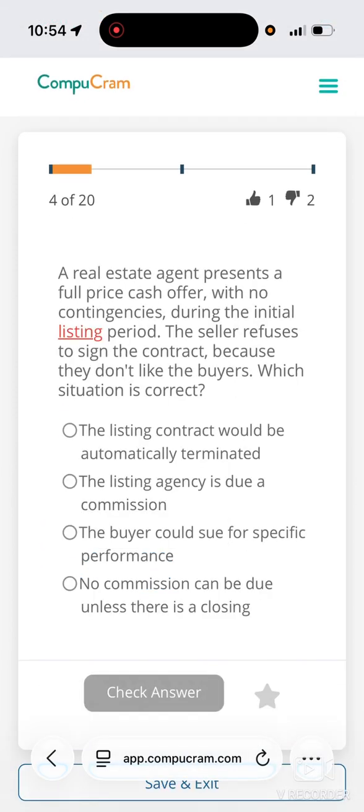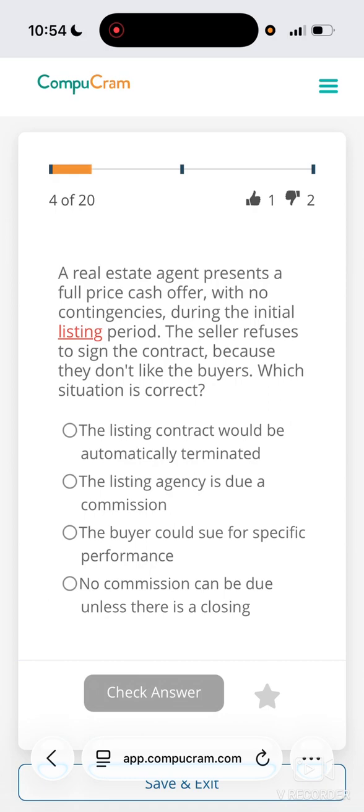Question number 4. A real estate agent presents a full price cash offer with no contingencies during the initial listing period. The seller refuses to sign the contract because they don't like the buyers. Which situation is correct? The listing contract would be automatically terminated. The listing agency is due a commission. The buyer could sue for specific performance.